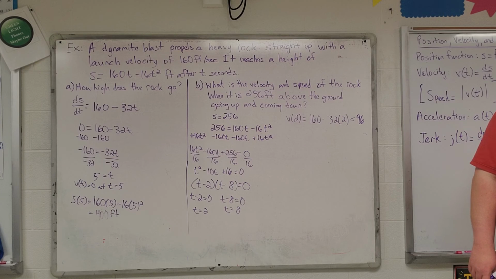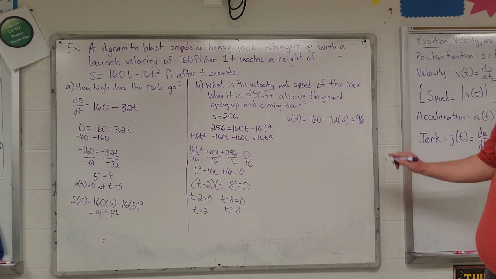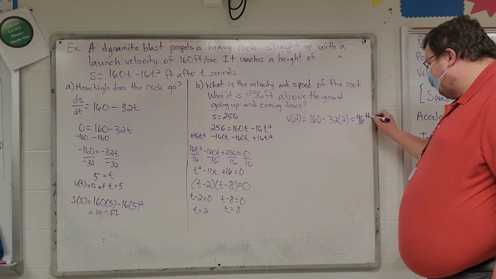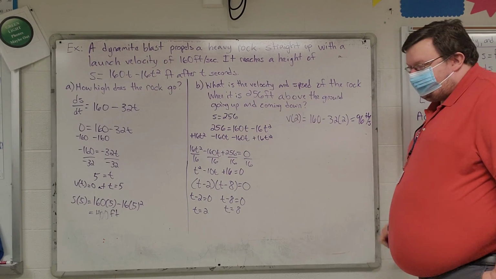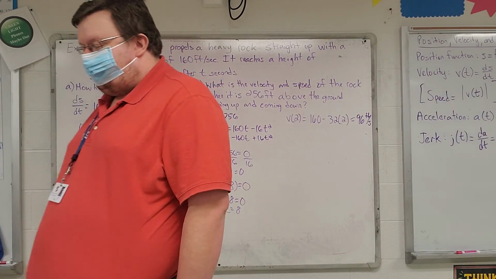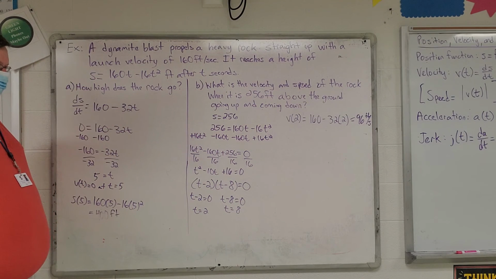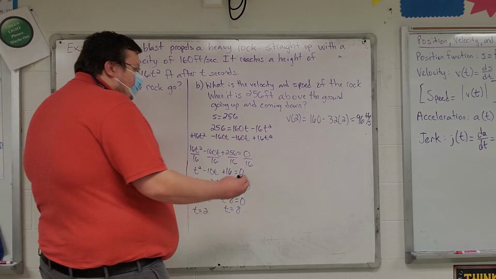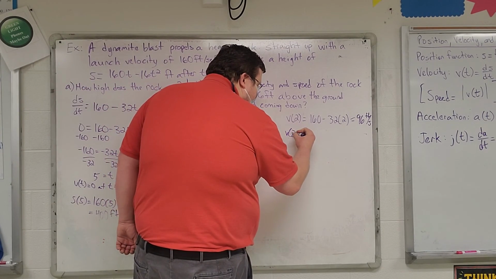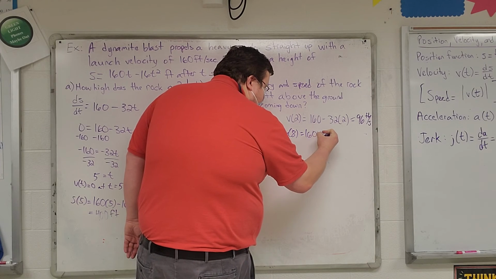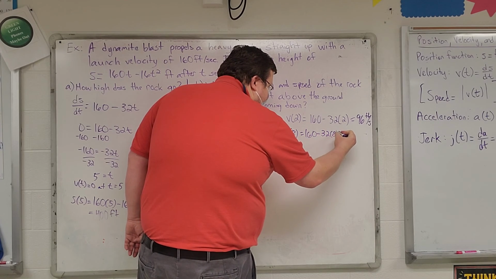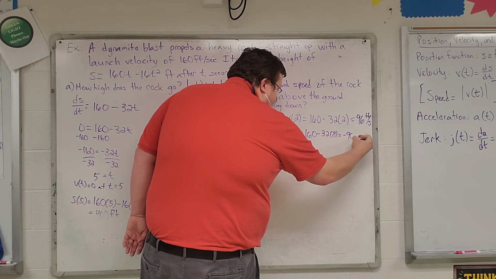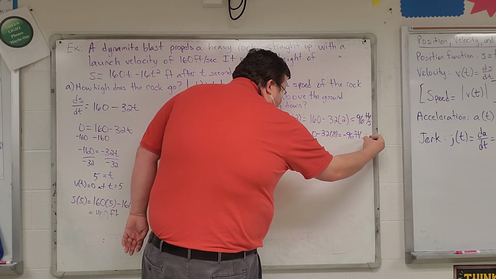Because we don't like naked numbers. Feet per second. I'm going to abbreviate second with S now. I don't know why I was using SEC anyways for that. Whatever. And then at 8, 160 minus 32 times 8, you get a negative 96 feet per second.